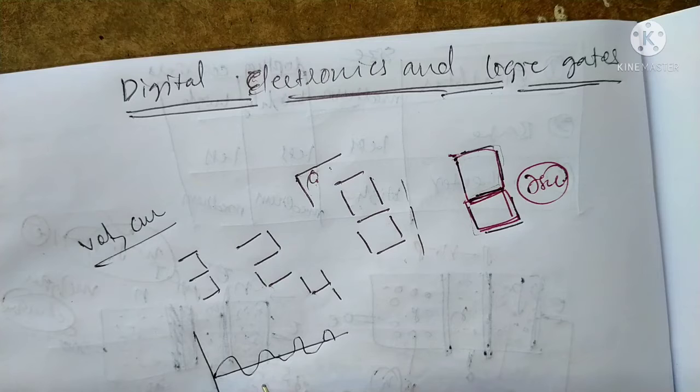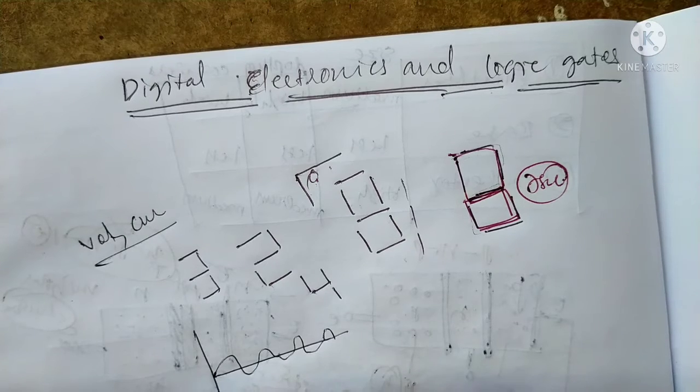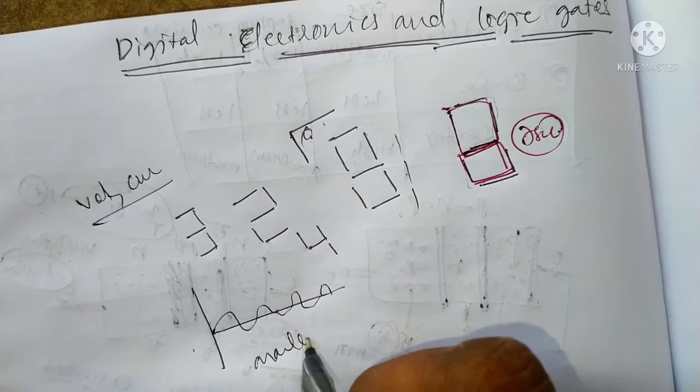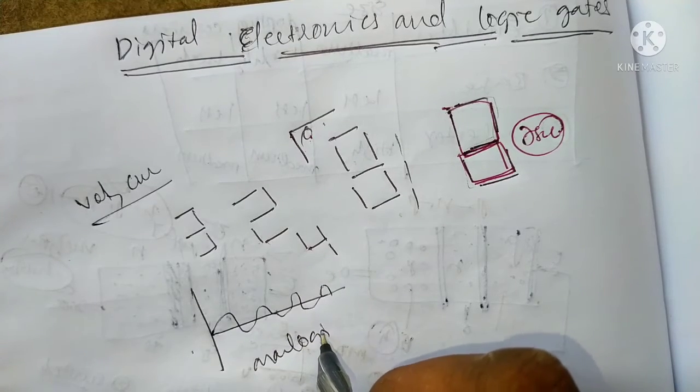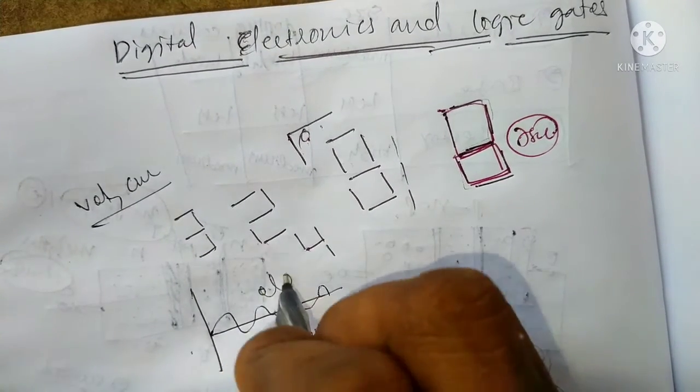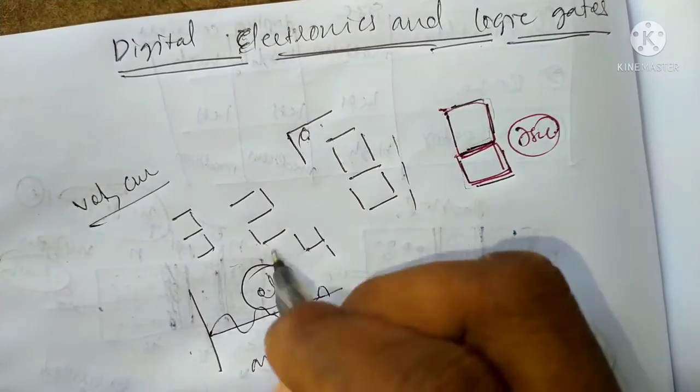That is the older form, called analog. This is an analog signal, before coming to digital.